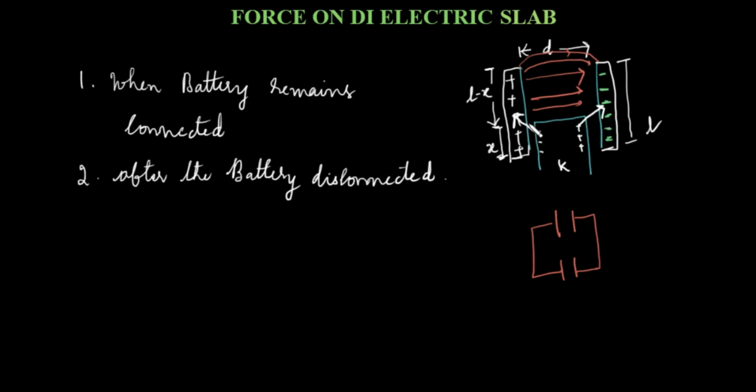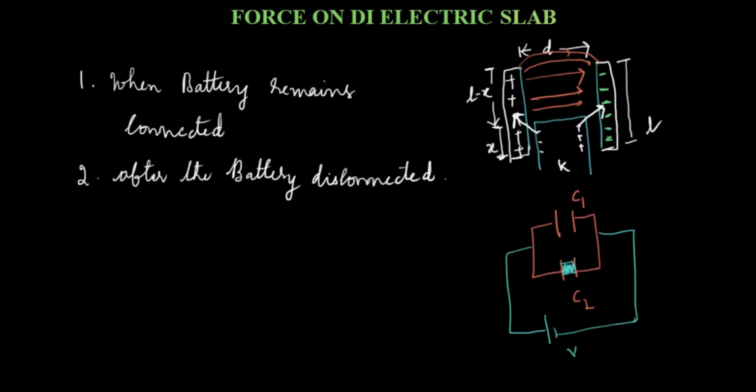The one without dielectric is C1, and the one with dielectric is C2. We have connected it to a cell of potential V. So the first case we were discussing is when the battery is connected.